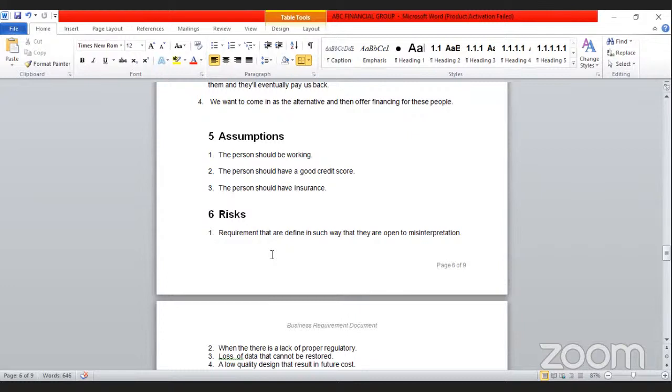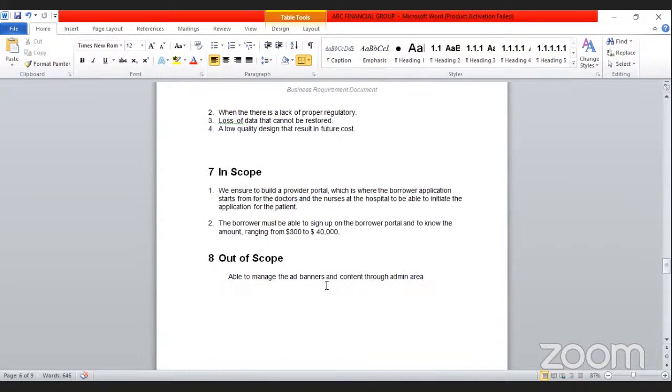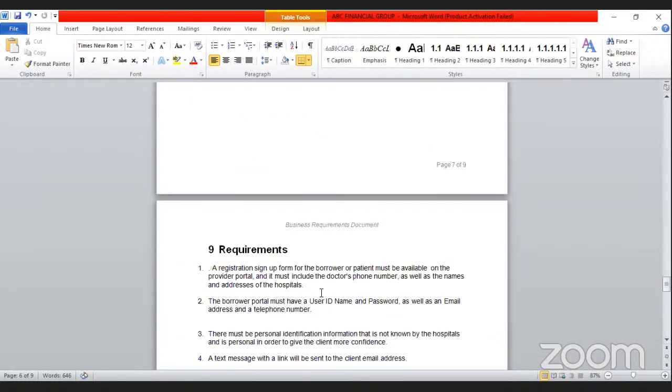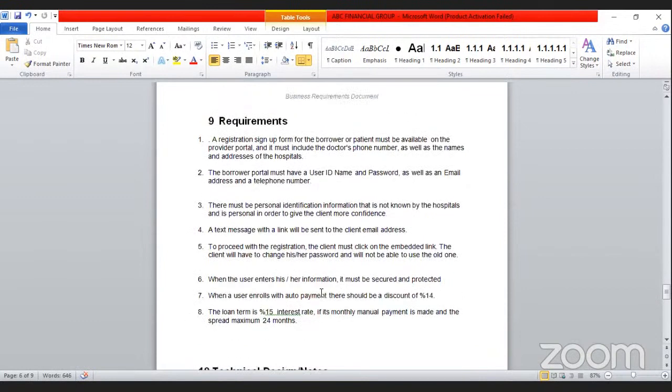Please, Isaac, how many portals are you building? The borrower portal, as I said. Because I see that you spoke a lot about provider and borrower in the requirements.